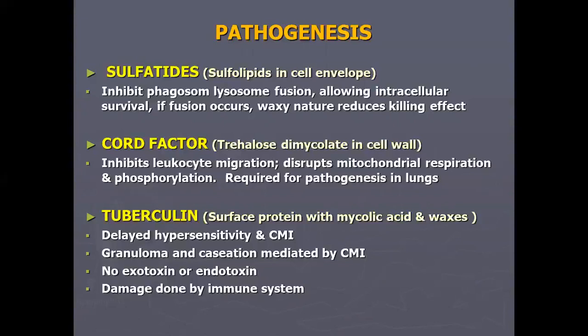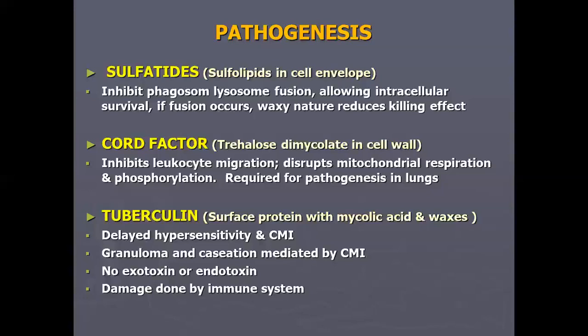And it tries to reduce the killing effect of the lysosome onto the bacteria. So, dual mechanisms. First, it inhibits the phagosomal lysosomal fusion. And if it does occur, then the second factor of the cell tries to reduce the killing effect.